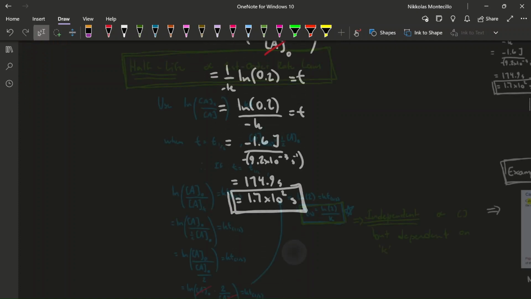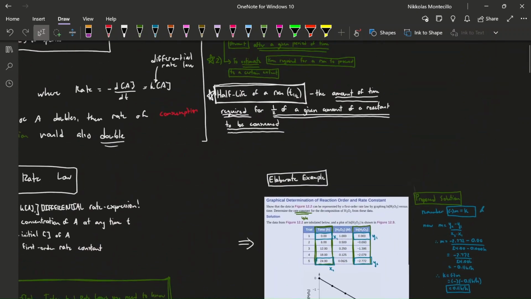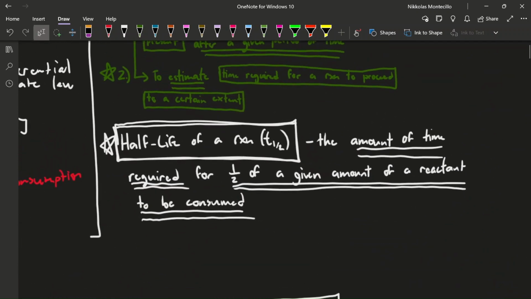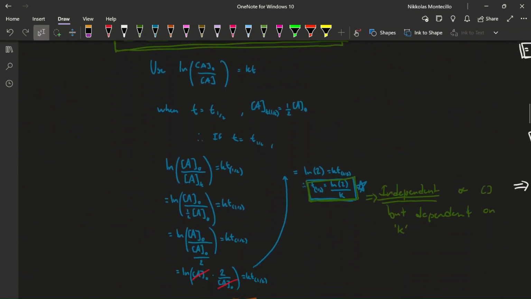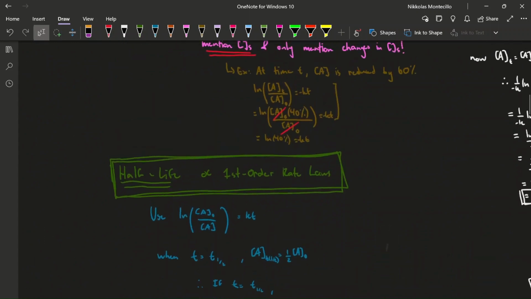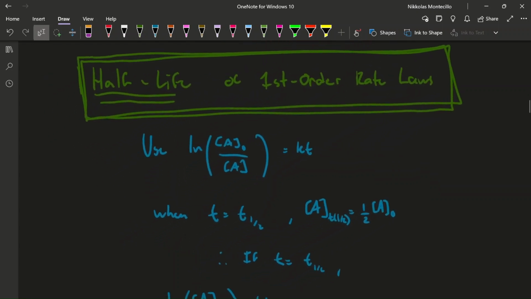Okay, so let's go through the concept of half-life of first order rate laws. Remember that the half-life of a reaction is the amount of time required for half of a given amount of a reactant to be consumed. So we want to apply this ratio where the natural logarithm of the initial concentration over A at t is equal to kt.